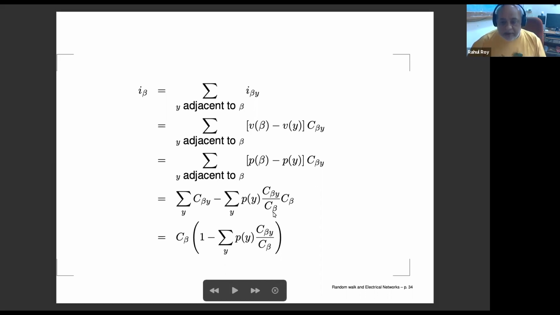and now I just put in a C beta times C beta here, because this sum is nothing but C beta. So if I take out the C beta, I get 1 minus summation Py C beta y over C beta.